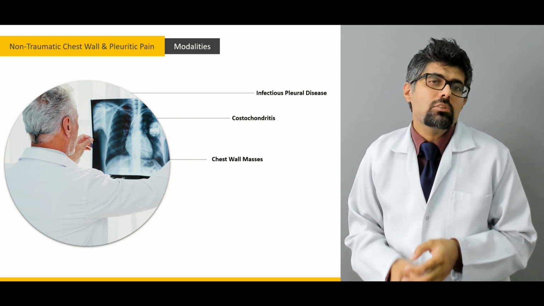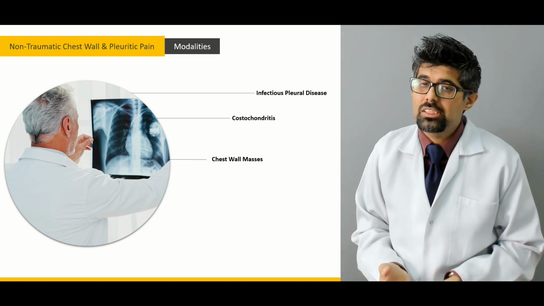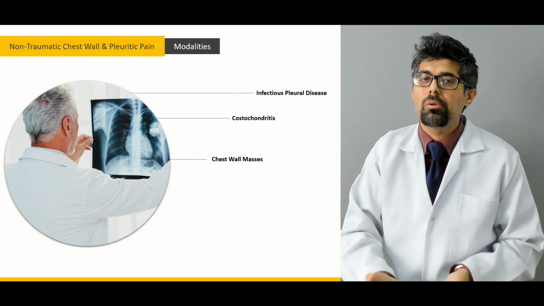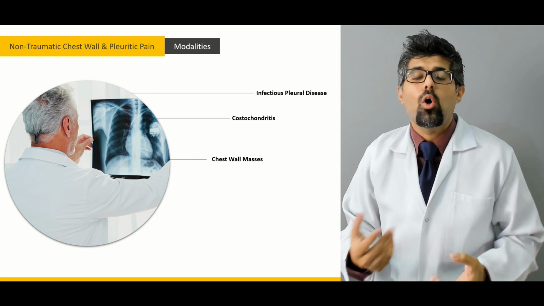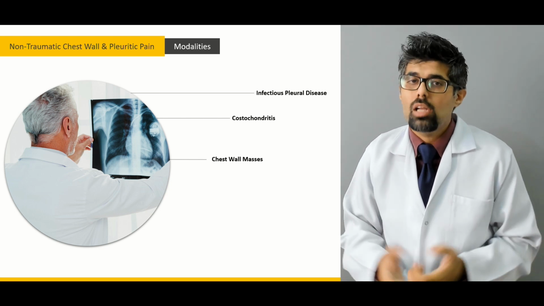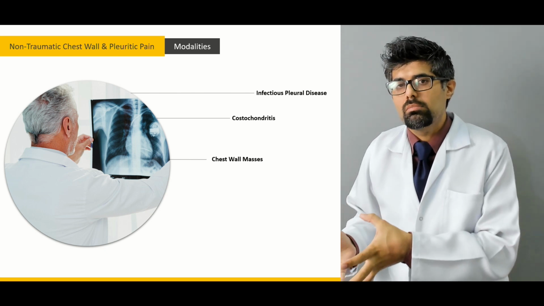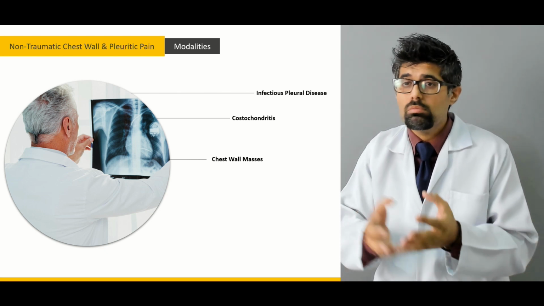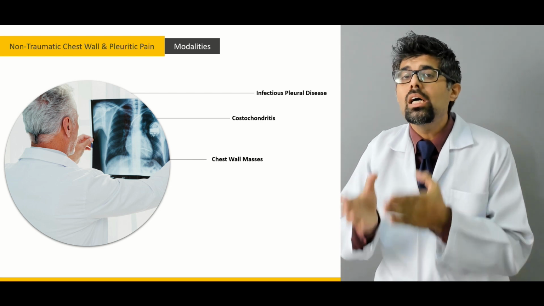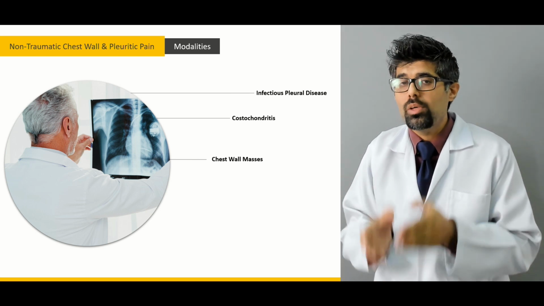Now these chest wall masses can be malignancies. These malignancies will be discussed later, or they can be simple lipomas. Now in case of masses, either they're painful or they're not painful, CT scan is always preferred.